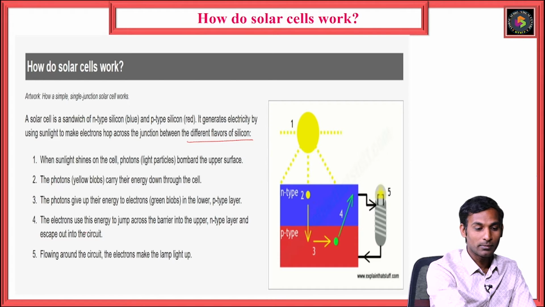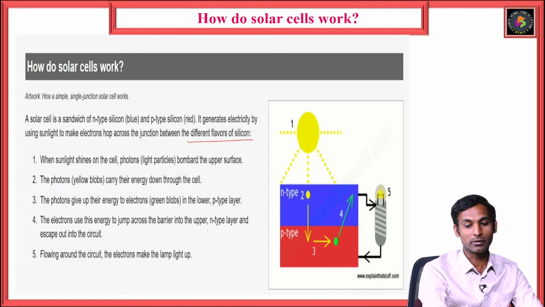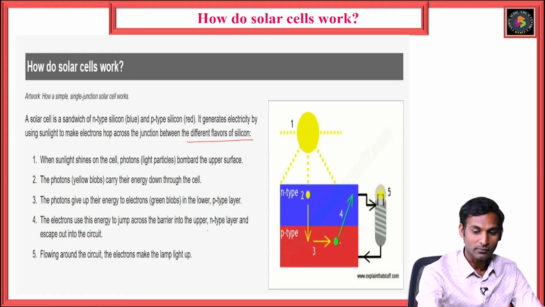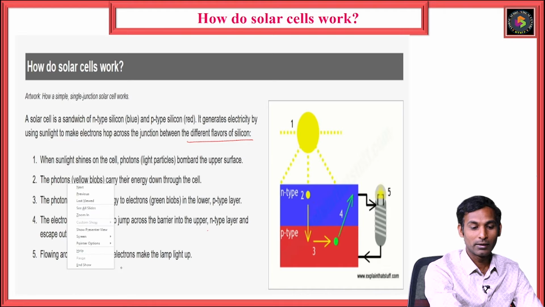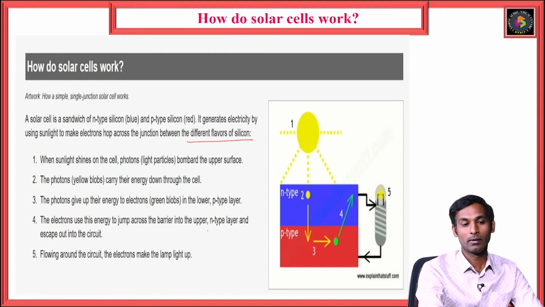Point number 4 is that the electrons use this energy to jump across the barrier into the upper n-type layer and escape out into the circuit. In this way, they escape out into the circuit. Flowing around the circuit, the electrons make the lamp light up, so the light will be glowing here.